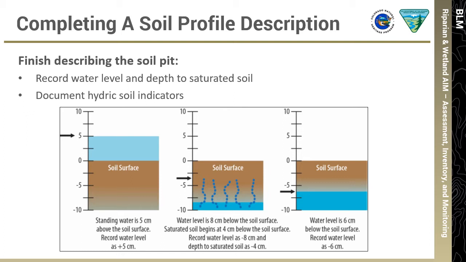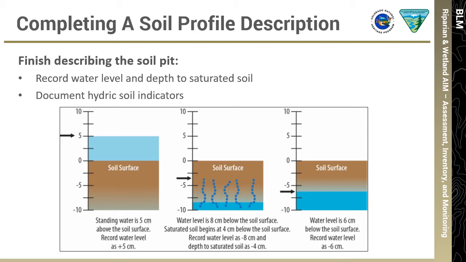If there is enough water in the pit, use the YSI meter to take a water quality measurement before backfilling the pit. Hydric soil indicators can be determined using the soil profile description of soil color and horizon thickness.